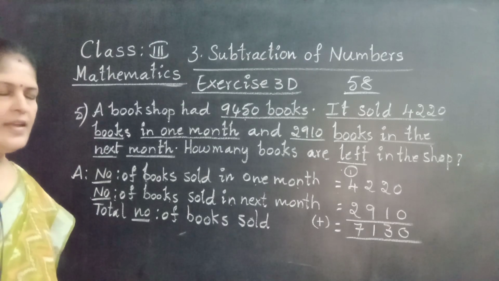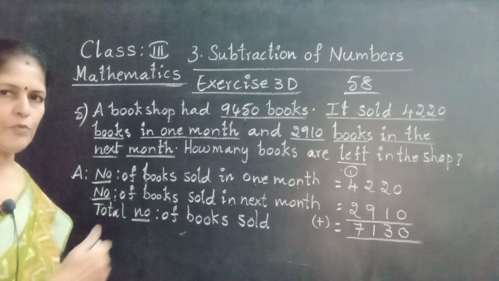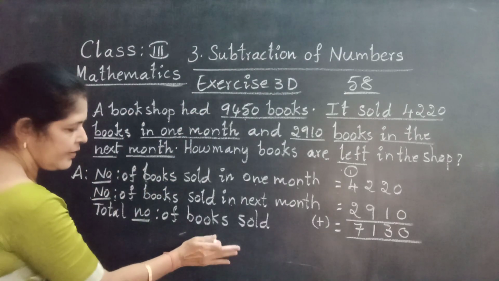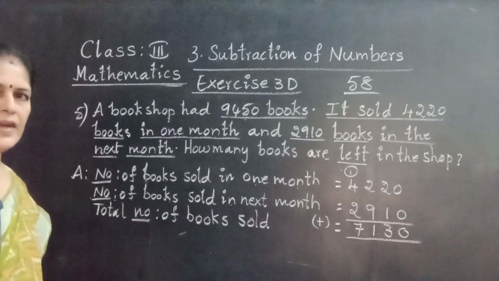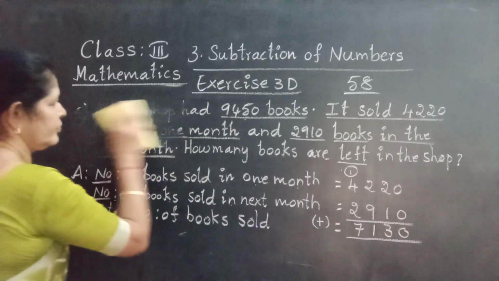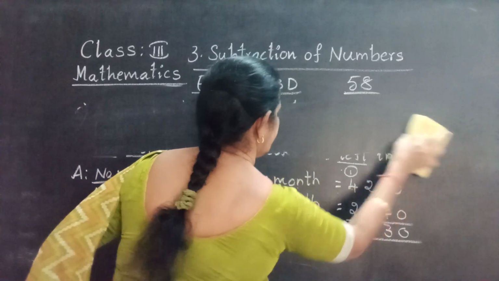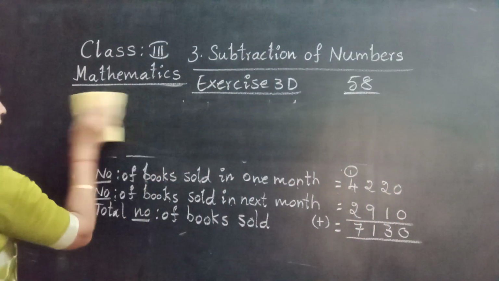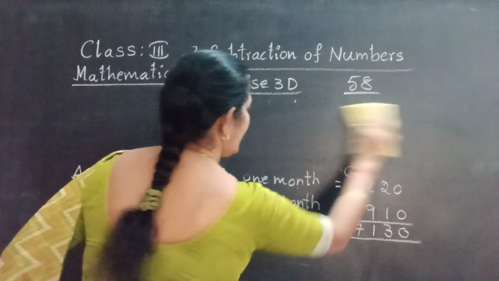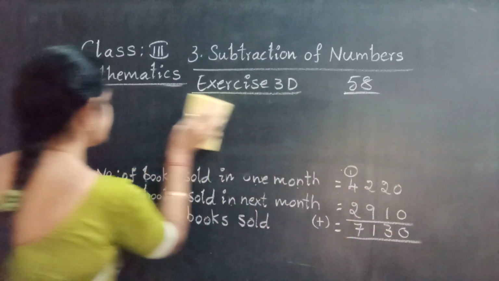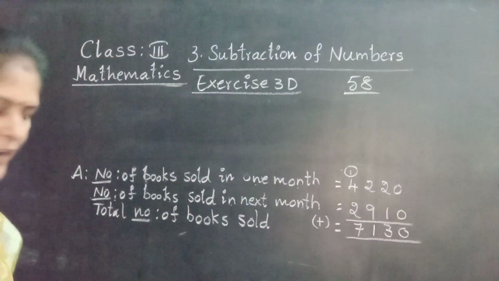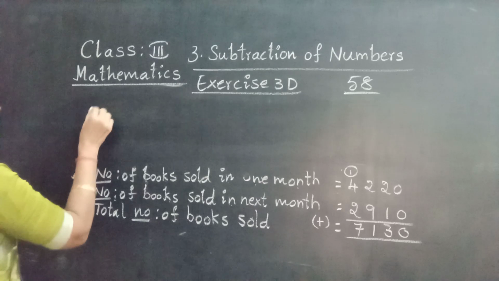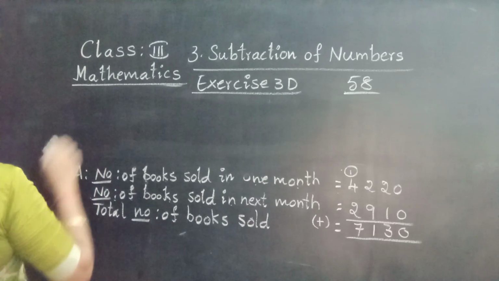Okay, children? Can I write the question? I am going to continue. Ready now? Come on. Second step. Continuation of answer. You leave a line and write in your classwork. Next step, second step. Total number of books.